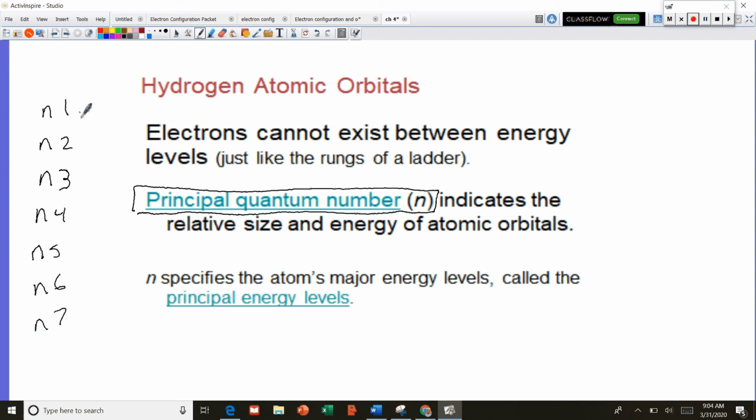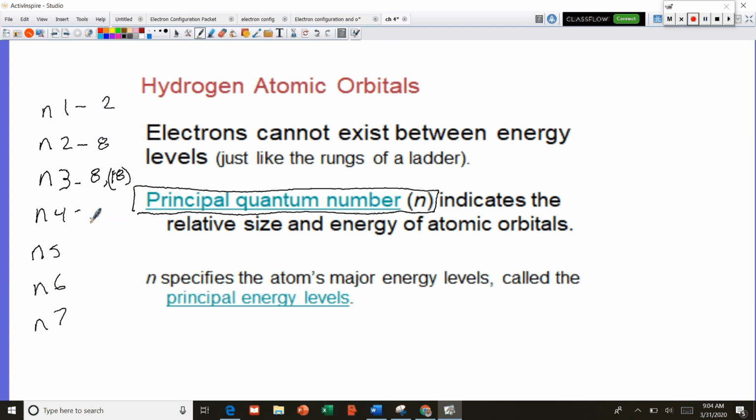The maximum amount of electrons that can be held in N1 is 2. In N2, we can have up to 8. In N3, we can have 8 or 18 if it's an inner level. All right.